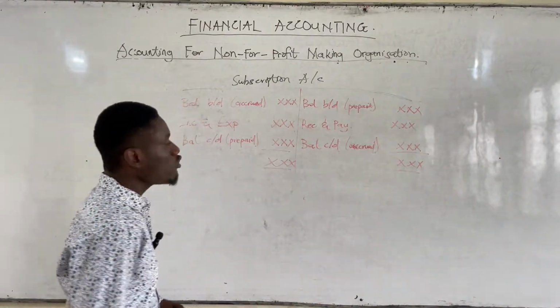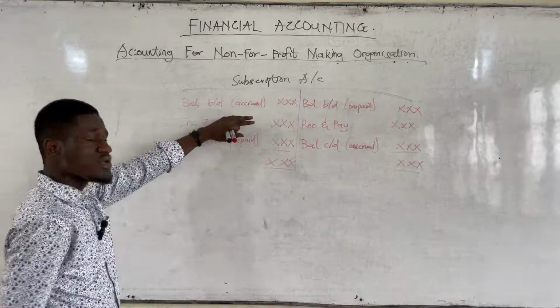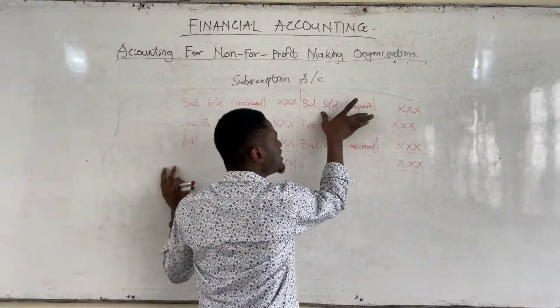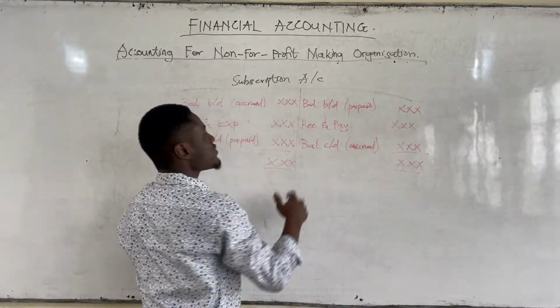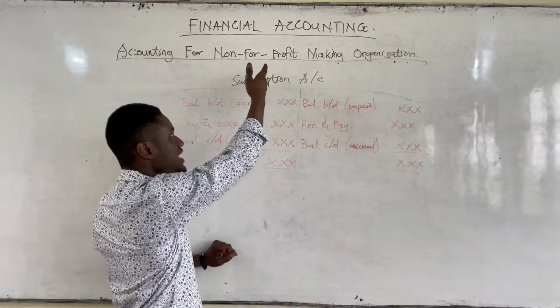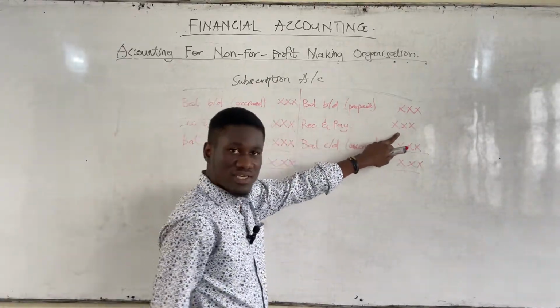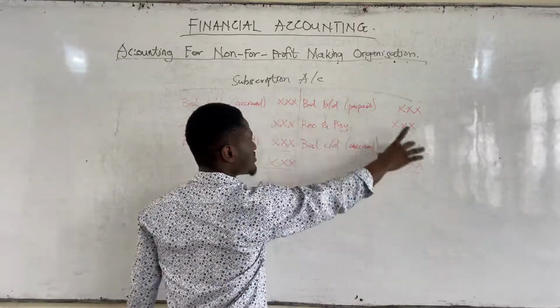Good. So with this again, I said the balance BD always for subscription starting the year will come here. Your balance BD paid in advance for subscription will come here. Your receipts and payments amount for subscription in the receipts and payments account will be here. Then your balance CD for accruals for subscription will be here.